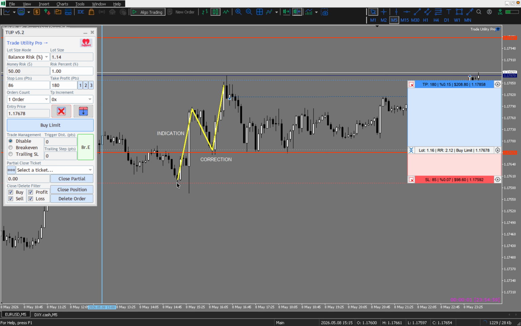So the bottom of my indication is my stop loss, and then going 1-2, I would have gotten my take profit right then and there. We've gotten 193. Beautiful risk reward ratio of 1-2.